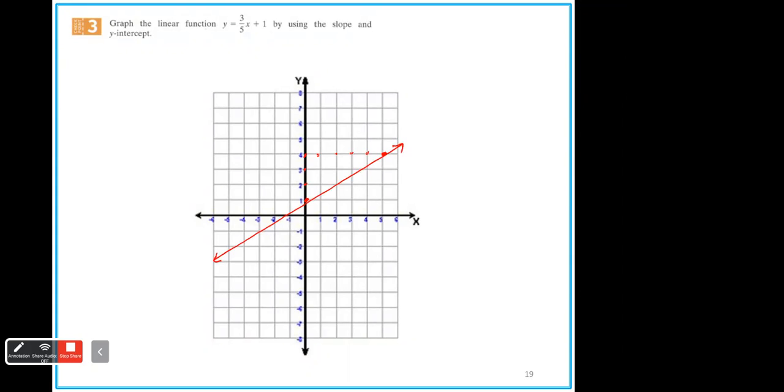Okay. So that would be the graph for that particular equation, y equals 3/5 x plus 1. So your y-intercept is here, and then you rise 3 and run 5 to get another point, and then you join those points together to form the line.